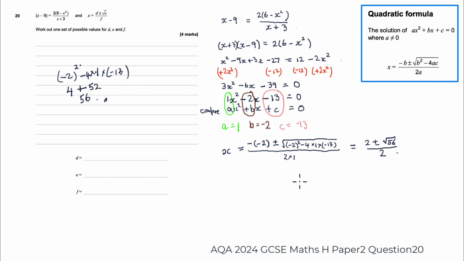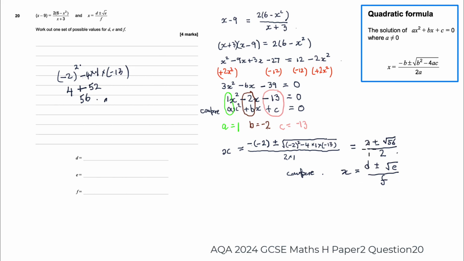Now let's compare what we've got here with the expression that they've asked us to find, and it's d plus or minus the square root of e over f. So we just need to read off the corresponding values.